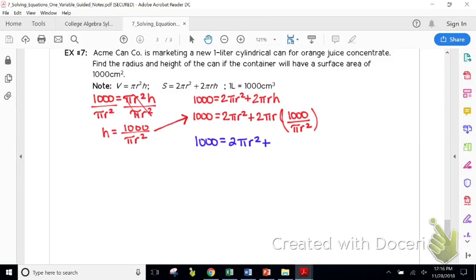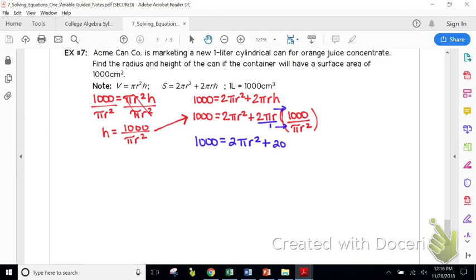I'm going to try to simplify that last group there. Remember that 2 pi r is over 1, right? So what can we do there? You just want to multiply? All right, so we can multiply straight across.